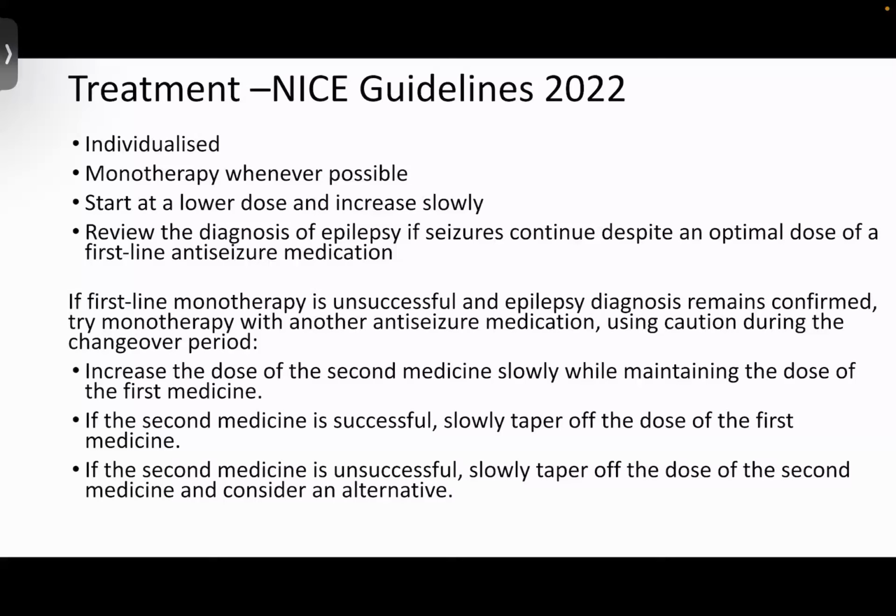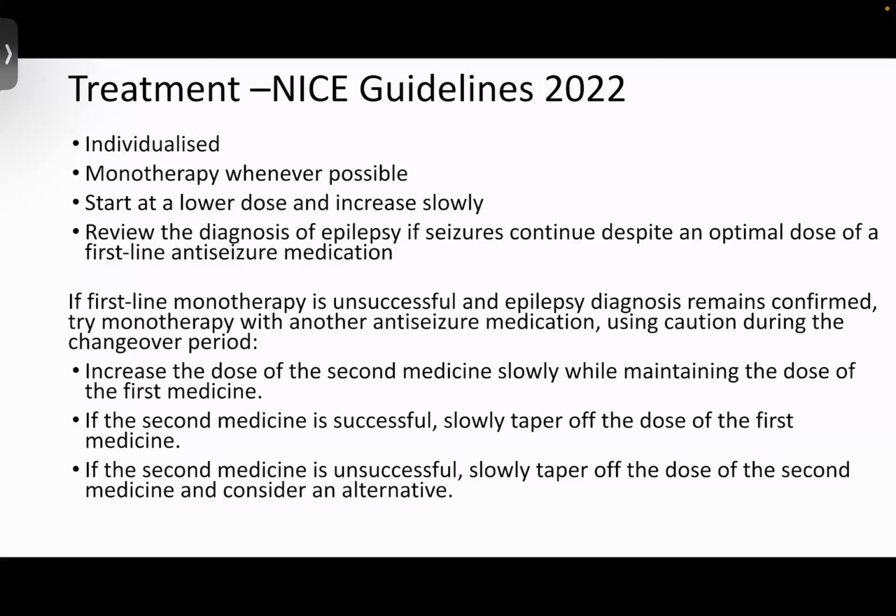In case the first line monotherapy is unsuccessful and the epilepsy diagnosis remains confirmed, we can try either monotherapy with another anti-seizure medication, making a transition over a period of time, or an adjunctive therapy to the first anti-seizure medication.